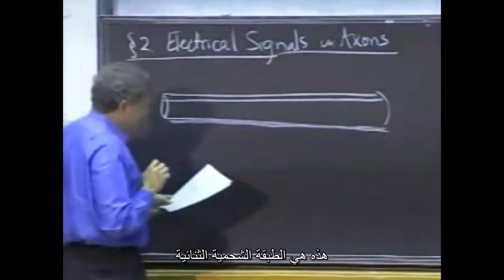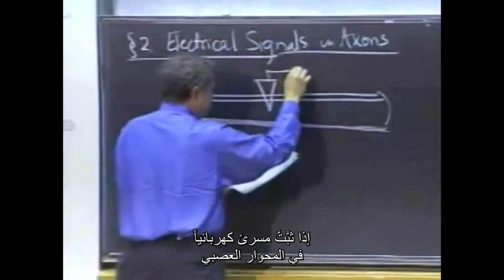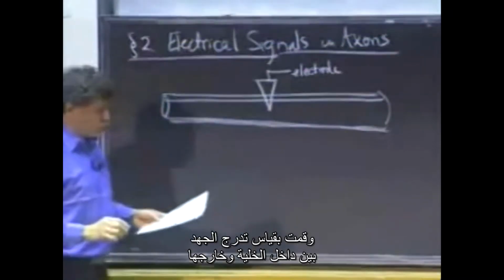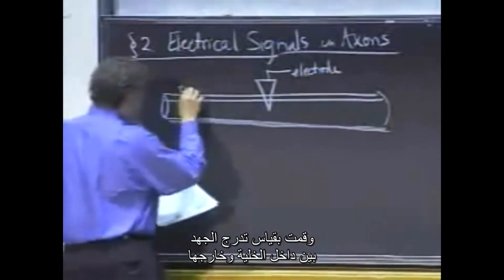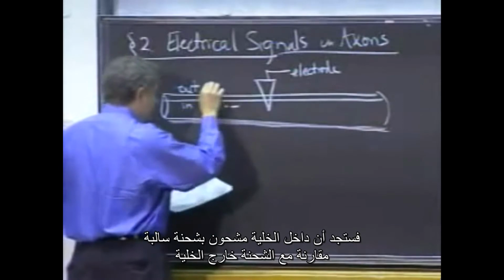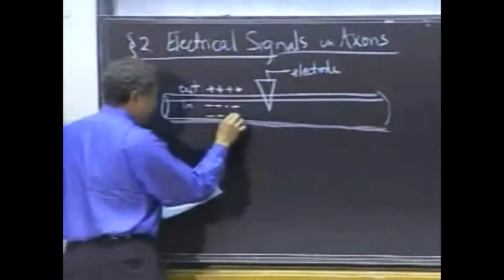Turns out if I stick an electrode into an axon and I measure the voltage gradient from the outside of the cell to the inside of the cell, what I'm going to find is that the inside of the cell is negative compared to the outside of the cell.